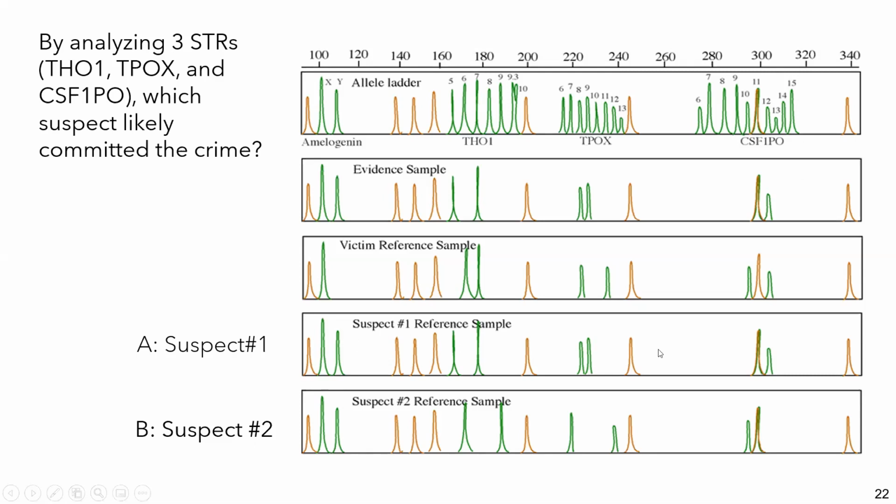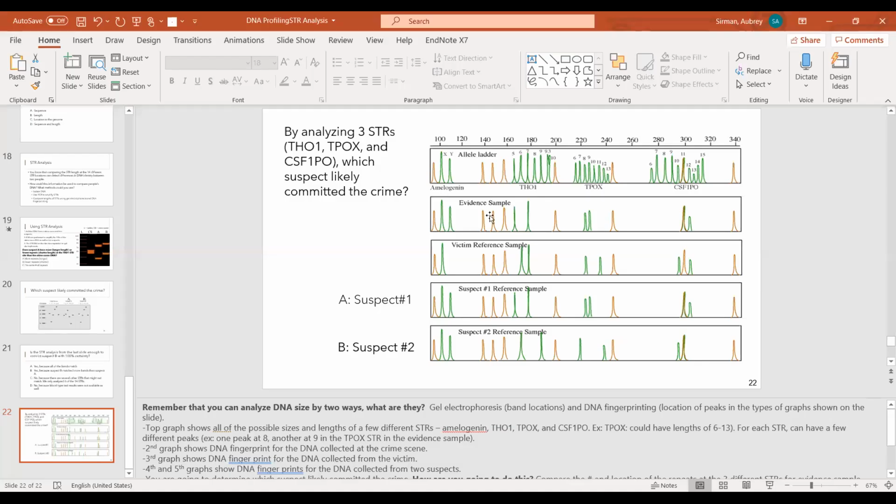Sorry, suspect 1 in this case, right? Because we have these two little peaks here, which line up really nicely. I was looking at the wrong one. So suspect 1 is going to line up really nicely with our evidence sample compared to suspect 2. Sorry about that, guys. All right, so that is basically the end, and that's how you read DNA fingerprinting.